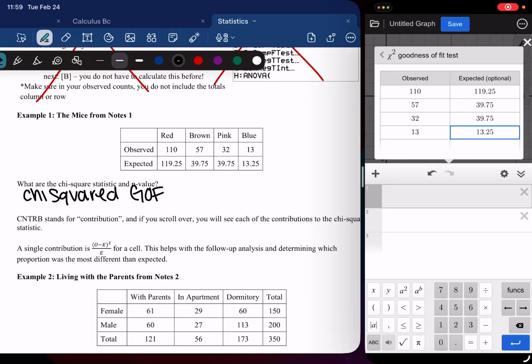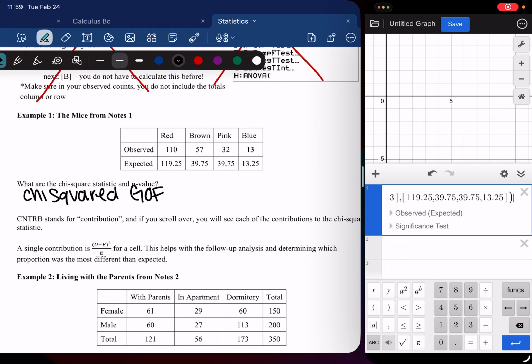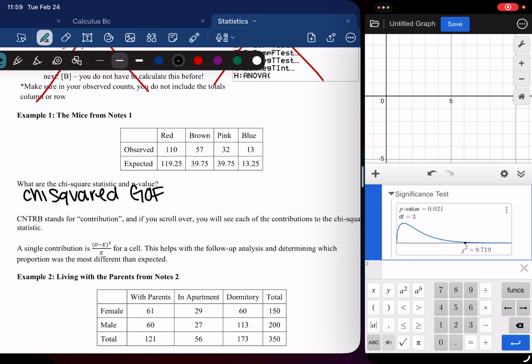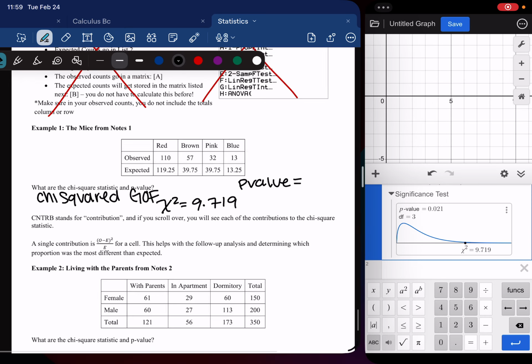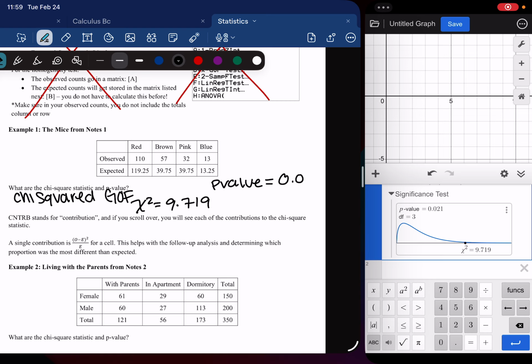Okay, so once you type in all the observed and expected, hit create tests. And if you drop down on significance test, notice that there is your chi-squared value and your p-value. So chi-squared is 9.719 and our p-value is 0.021.